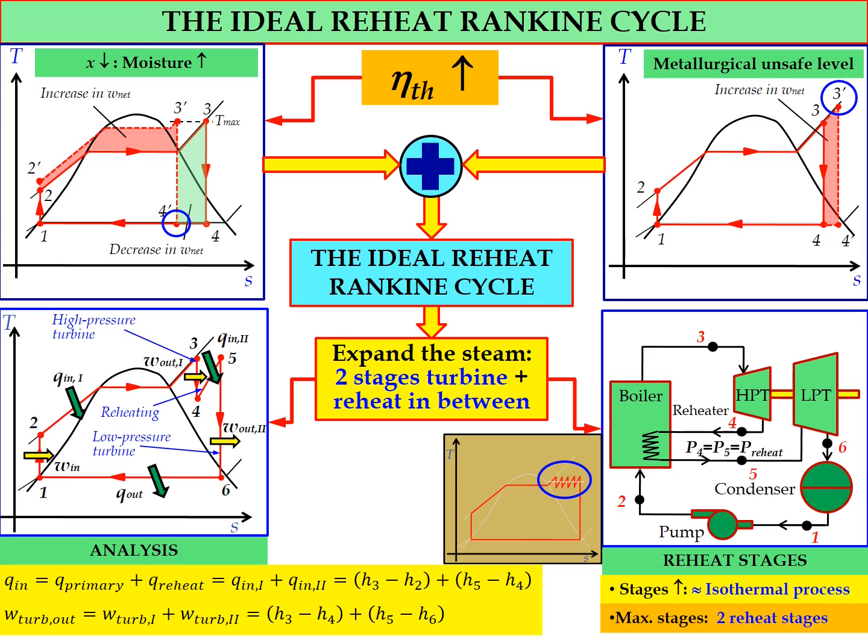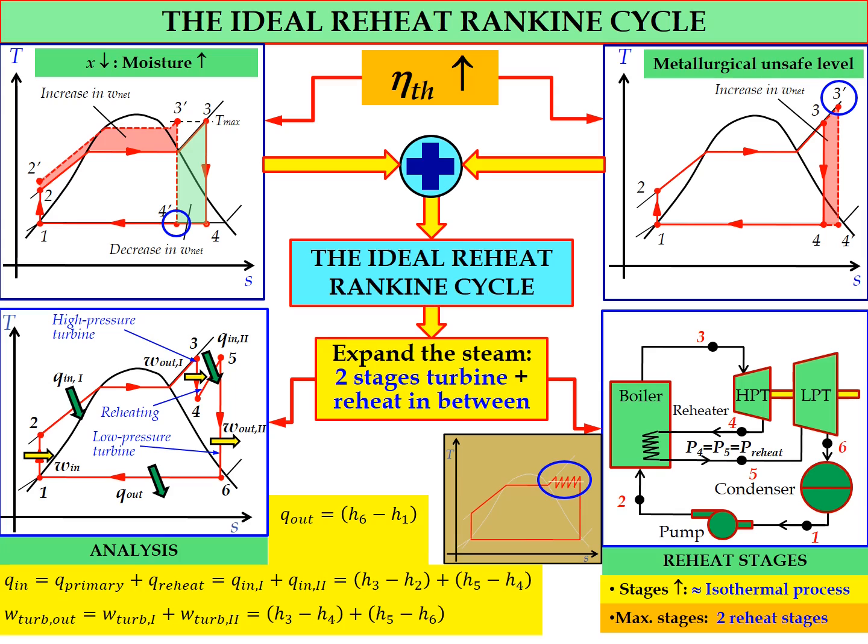For W out at the turbine, we have 2 turbines, so the total W turbine out equals W turbine 1 for the high pressure turbine plus W turbine 2 for the low pressure turbine, which is also equal to H3 minus H4 plus H5 minus H6.